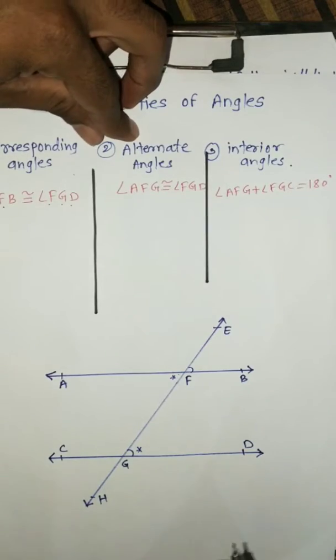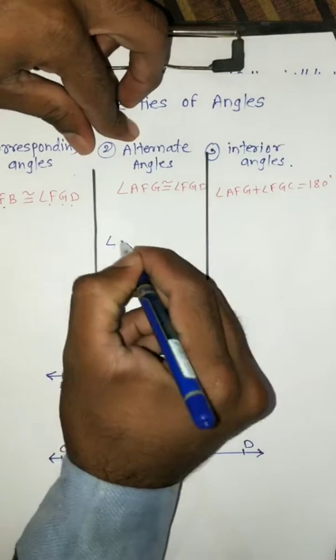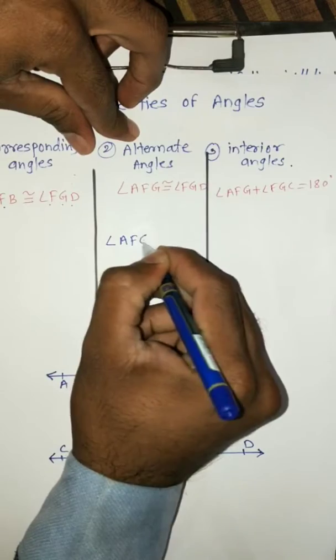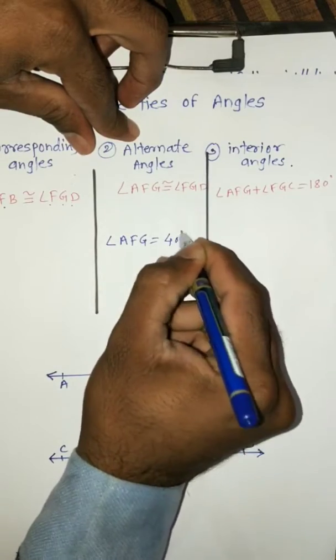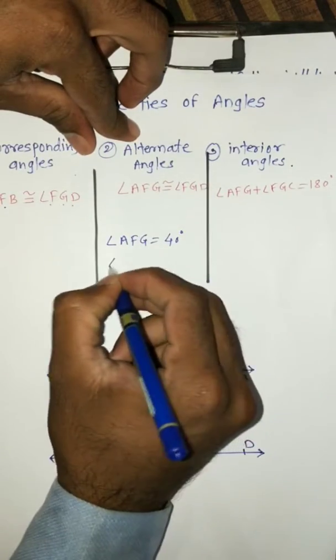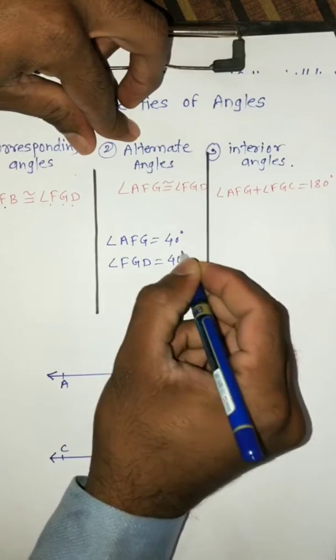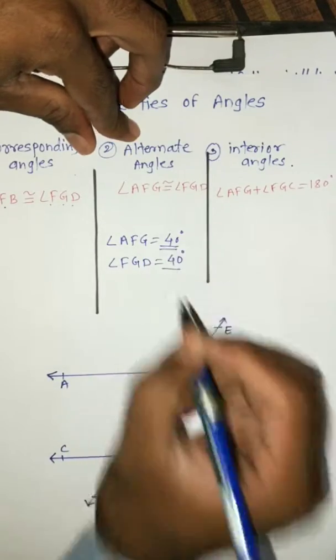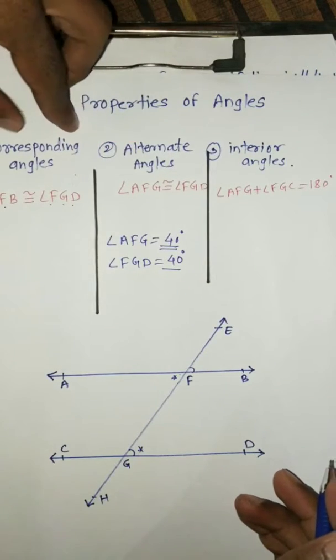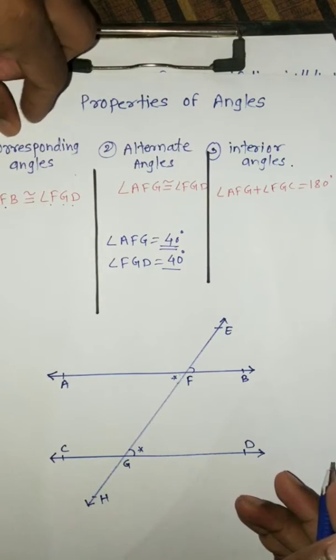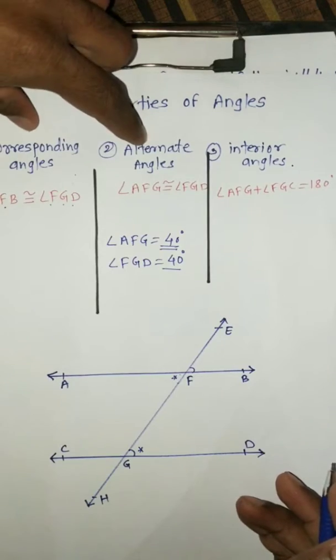Just imagine if angle AFG is equal to 40 degrees, then angle FGD is equal to 40 degrees, because of the properties of angles: corresponding angles and alternate angles have the same property.